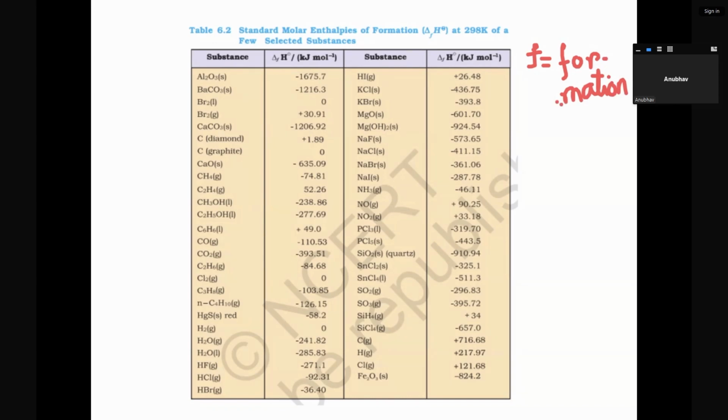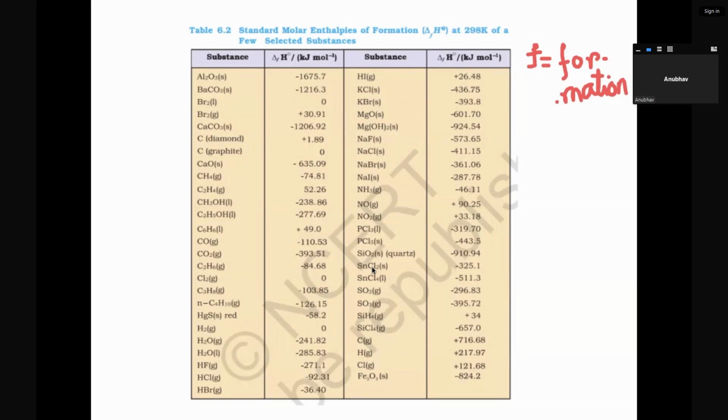So that's why it is termed as delta_f H° at 298 Kelvin. These are the substances: aluminium oxide, delta_f H° in kilojoule per mole. We have different kinds of compounds over here. We have Al2O3, barium carbonate, bromine liquid, bromine gas, and whatnot. So in this table, we have a number of substances whose delta_f H° is given.